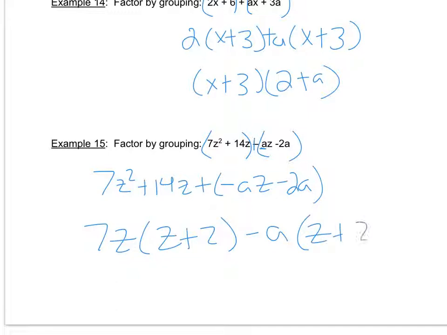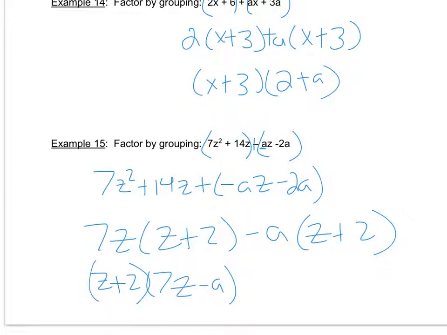So you have z plus 2. Because if I factor out negative a, negative divided by a negative is positive. And then you pull the a out and it's just z. Same thing here. Okay? So what do we have? Well, we're going to pull out the z plus 2 from each. And you're left with 7z minus a.